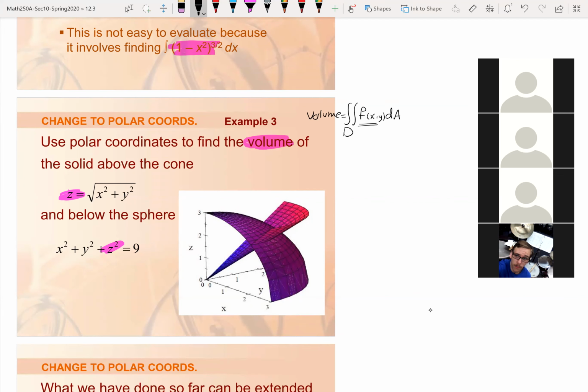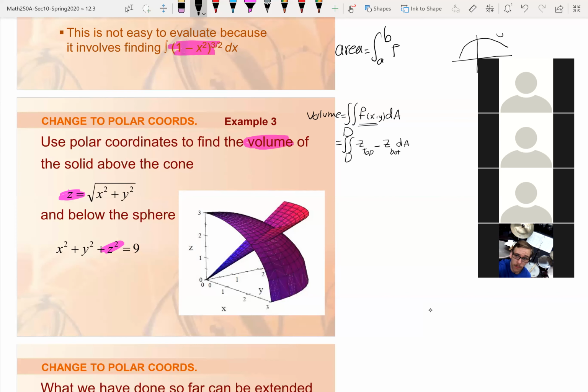Since I have two surfaces in three dimensions, I have to remember the same rule that we've seen in the other course, calculus 1, when you had the area between two curves.